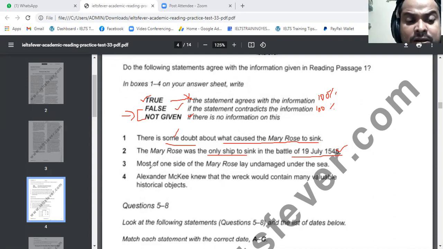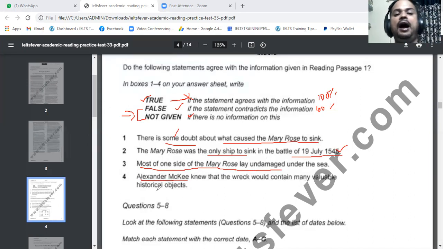Most of one side of the Mary Rose lay undamaged under the sea. That's the third thing. Alexander McKee knew that the wreck would contain many valuable historic objects. So I have understood these things, and right now I am looking into the answers.